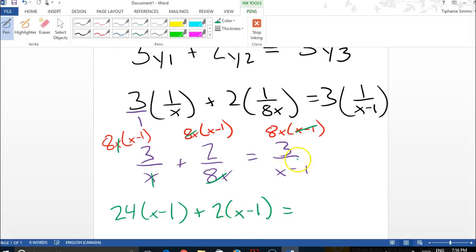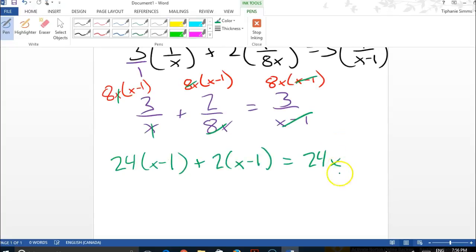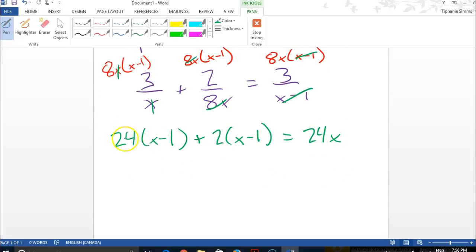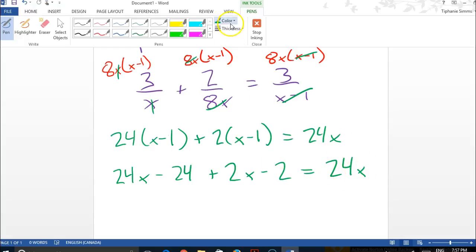Over here now, the x minus 1 is gone, so I have 3 times 8x, which is 24x. Now we have no fractions, which is beautiful. I'm going to distribute everything, so that's going to be 24x minus 24 plus 2x minus 2, and that's going to equal 24x.